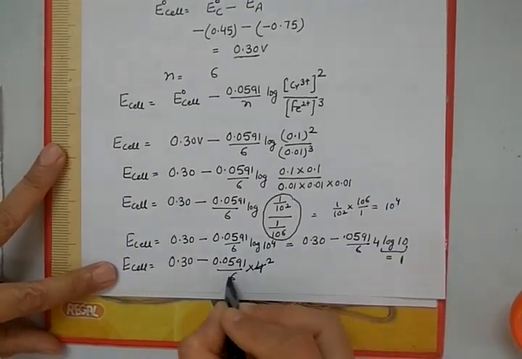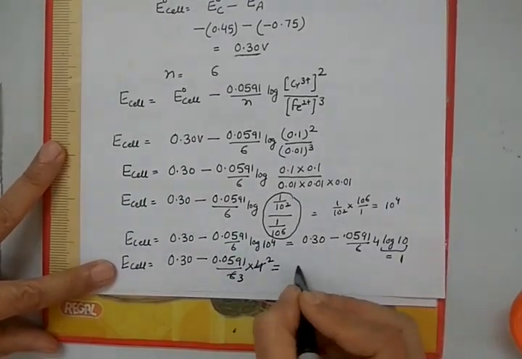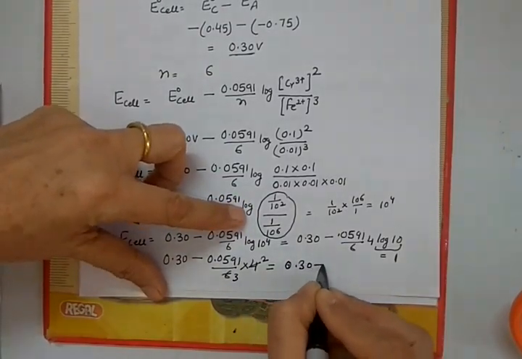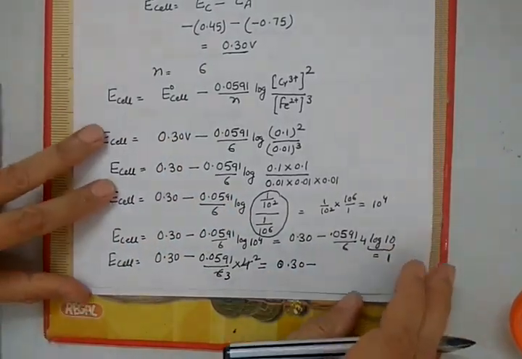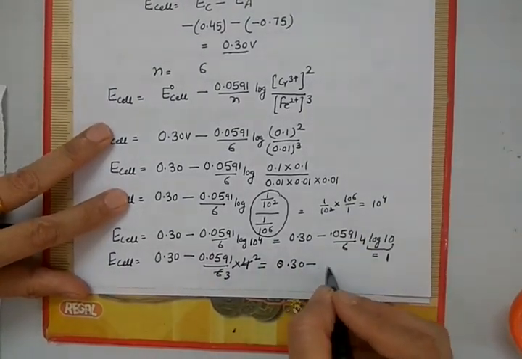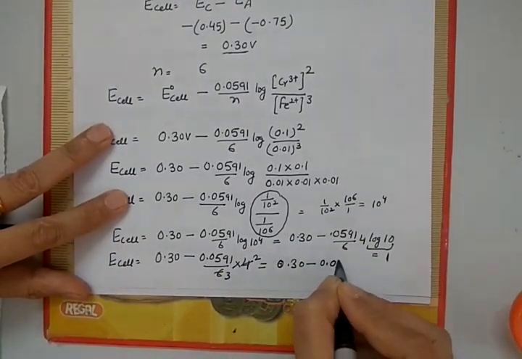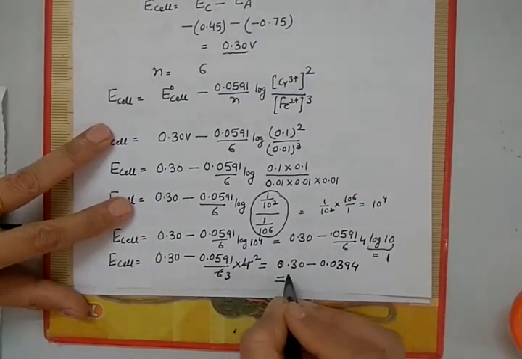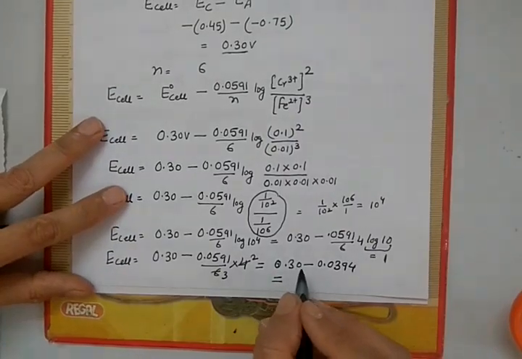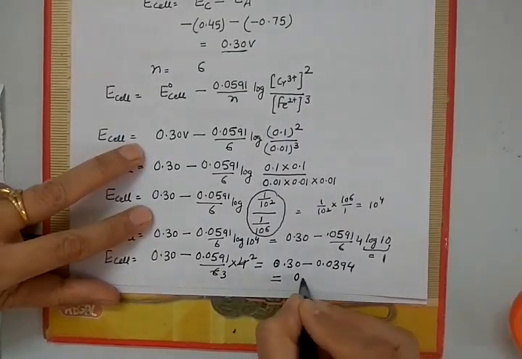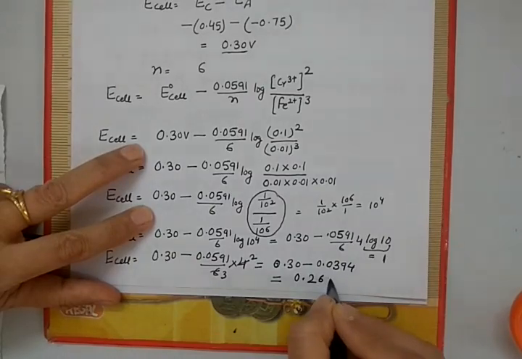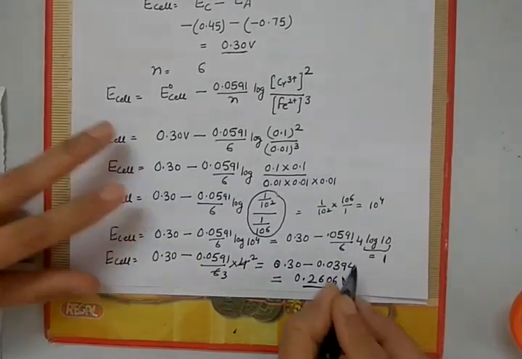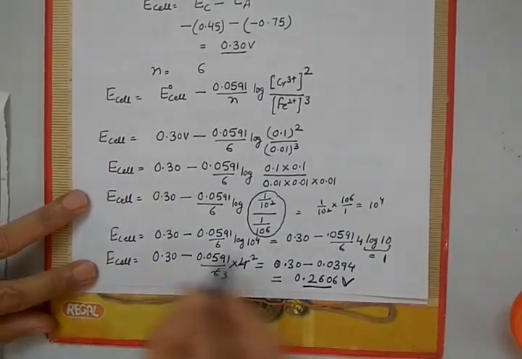If we solve it, 2 and 3, it comes out to be 0.30 minus, if we solve this factor, it comes out to be 0.0394. And the answer comes out to be, if we just subtract it, 0.2606 volt. This will be the answer of the question.